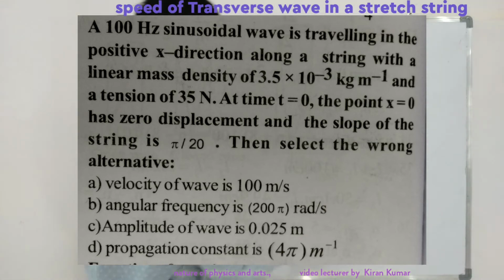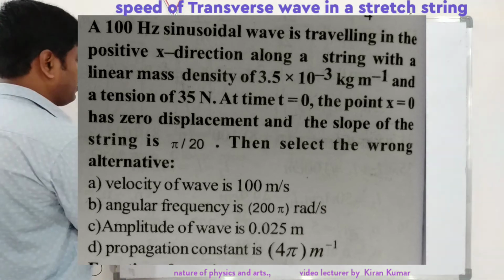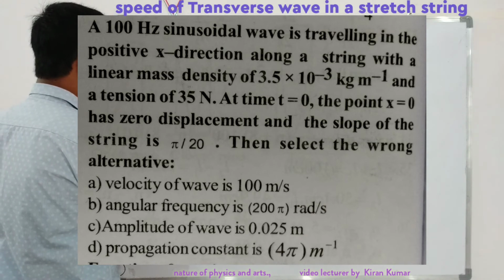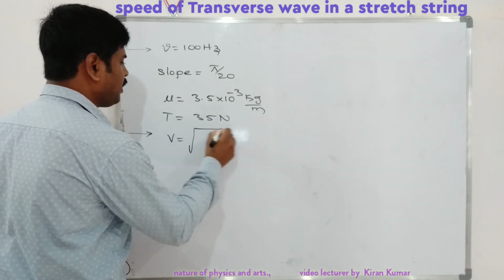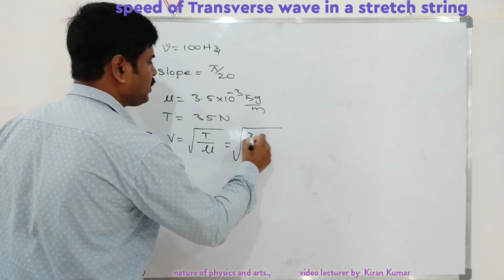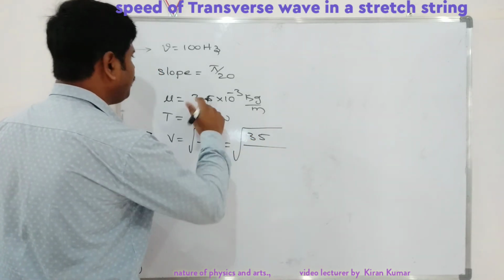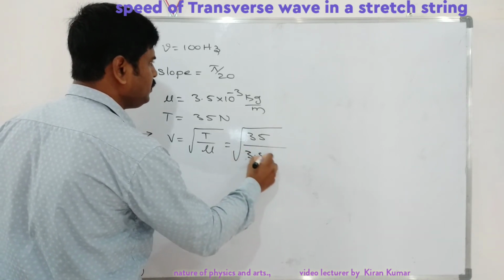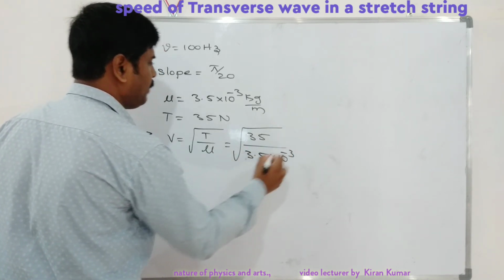These are the given values, and according to the options we are discussing here, the velocity of the transverse wave is root over T by mu. Tension is equal to 35 given, and mu value is 3.5 into 10 to the power of minus 3.